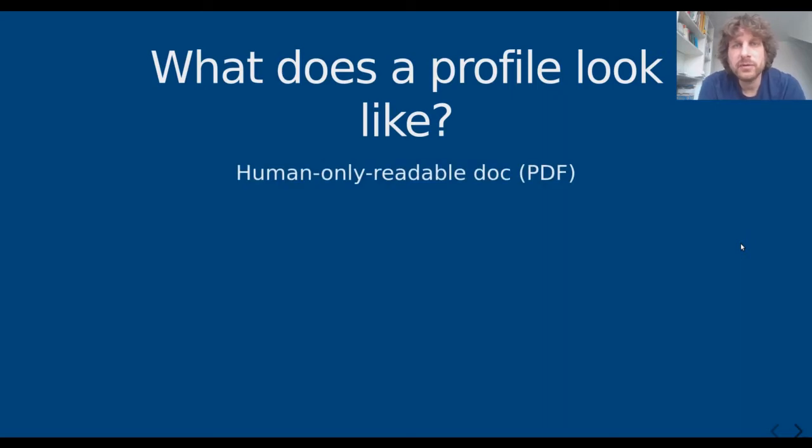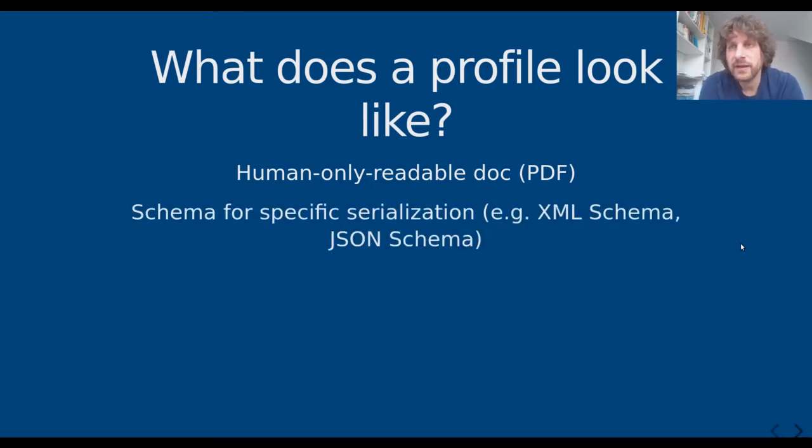What can a profile look like? There are many different ways. One is a human-only readable document like a PDF, or you can define machine-readable schemas for specific formats, for example an XML schema or JSON schema.